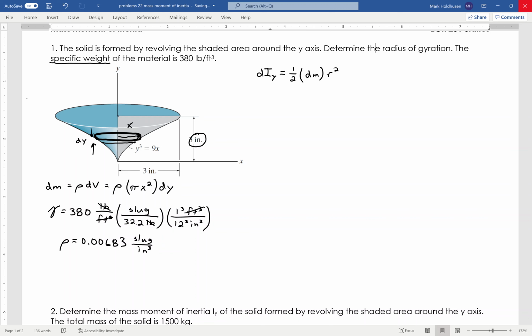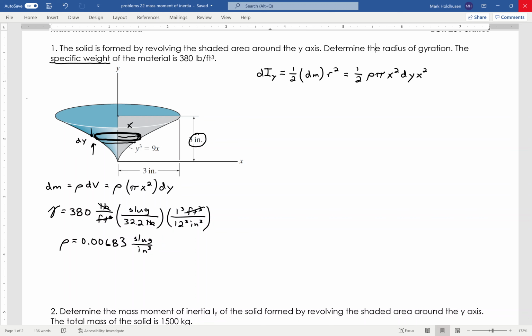Okay, so now I have dm, which is what I'm going to use to figure this out. So I'm going to go back up to my equation here, and start plugging in values that I know. So I get 1/2, and then of course dm, we just found, is rho pi x squared dy, times r squared, which again is x squared for our value here, right? Because for our disk here that I'm finding, the radius is x, okay?